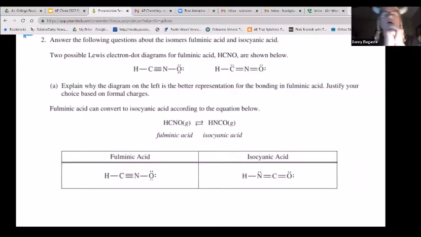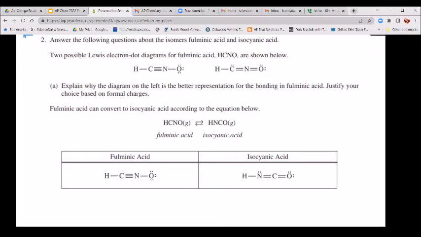All right, so let's do formal charge together for that first molecule on the left. So carbon, if you look on the periodic table, carbon has 4 valence electrons. So it'd be 4 minus the number of electrons in lone pairs, which is 0 for carbon, minus half the number of bonding electrons. Well, it sees a single bond and a triple bond, and each bond is 2 electrons.